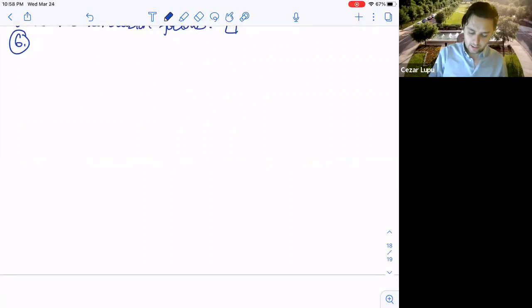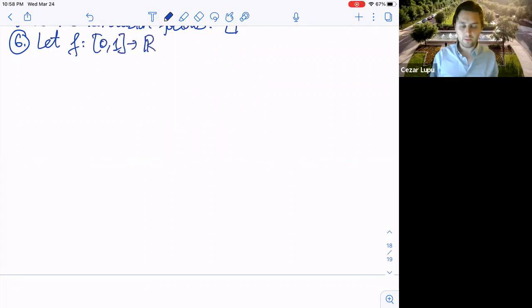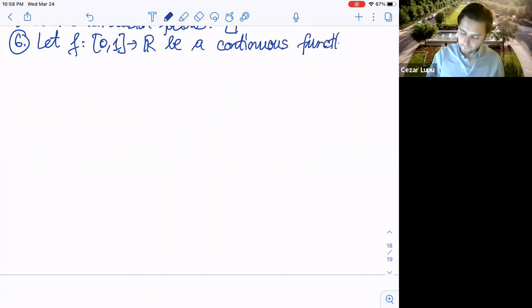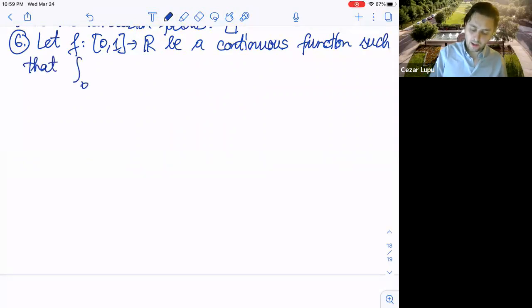Let f, defined on a closed interval 0, 1, real valued, be a continuous function such that the integral from 0 to 1, again, we have the same condition, of f of x dx is 0.